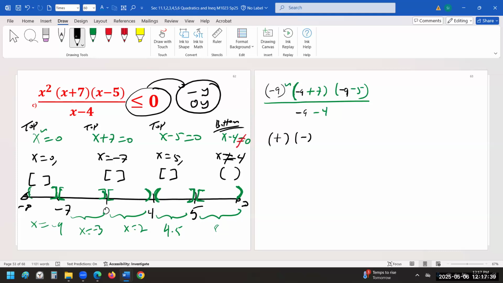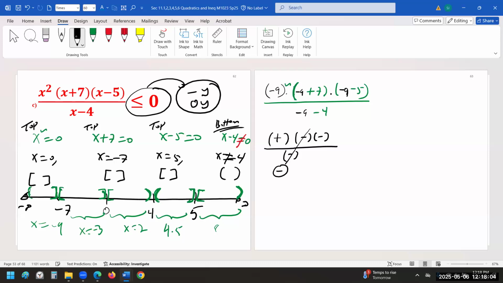You're not multiplying, you're adding them. Oh, negative. On the denominator, negative 9, negative 4. Negative. So you can cancel one of the negatives, and then from the rest two, what sign do you get? And here you're multiplying, because all of these are multiplying and dividing.